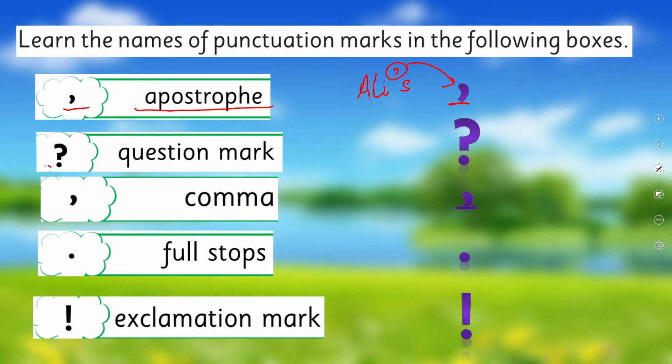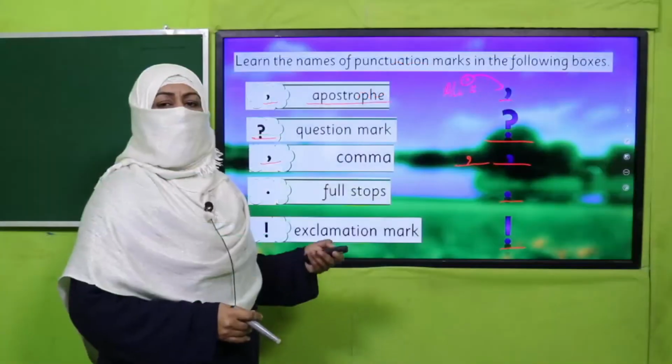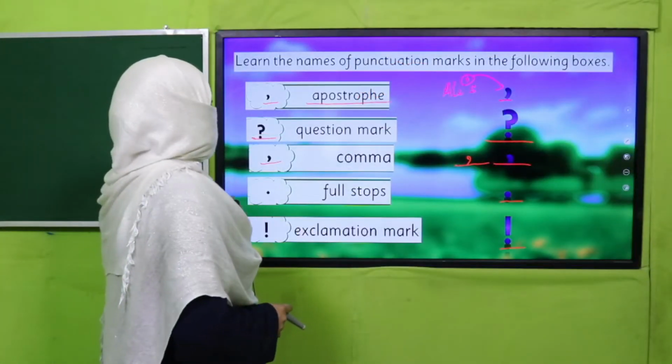Then question mark to inquire about something, comma, this is placed on the line. The apostrophe is different from a comma. We know the apostrophe is above the letter and the comma is placed on the line, and full stop and sign of exclamation. So let's learn further use of these punctuation marks.